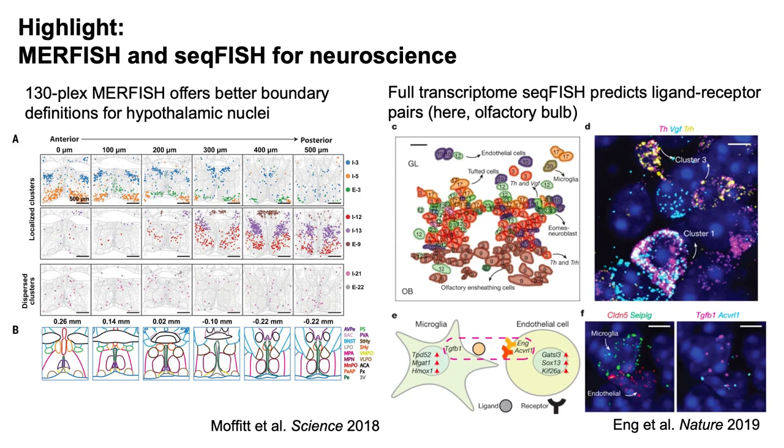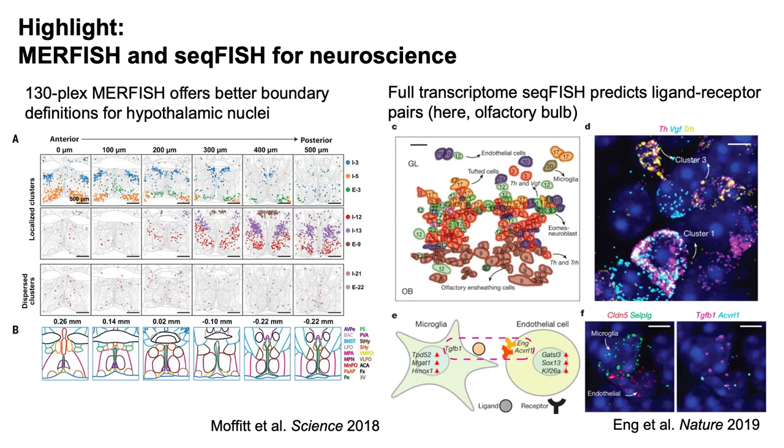Similarly, Seqfish has really pushed the boat out in terms of how many different transcripts they've been able to detect. The latest paper last year was able to detect basically the full transcriptome, doing 10,000 genes. They did this in several different tissues.